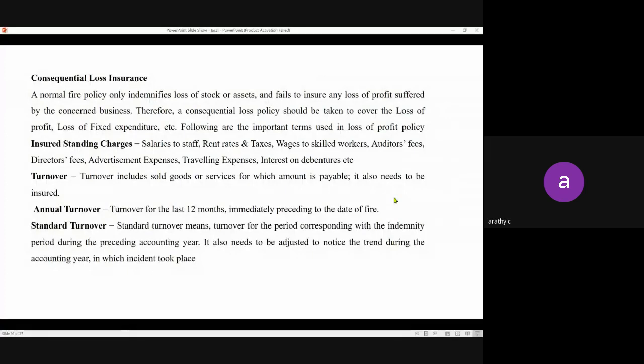The only change is that the year will change. The fire occurs in 17, then the standard turnover period is in 16. The dates are all the same, but the year is changed. So this is the standard turnover: the turnover for the period corresponding with the indemnity period during the preceding accounting year.